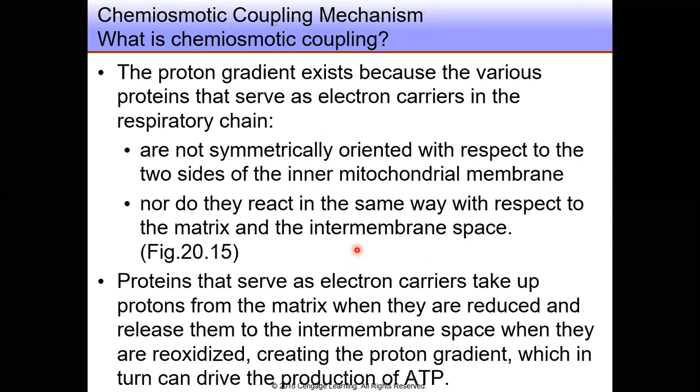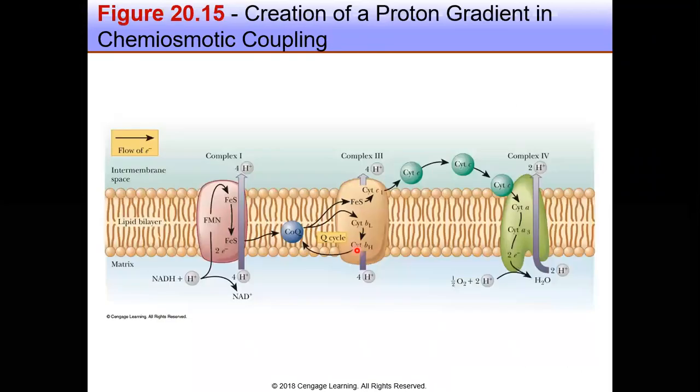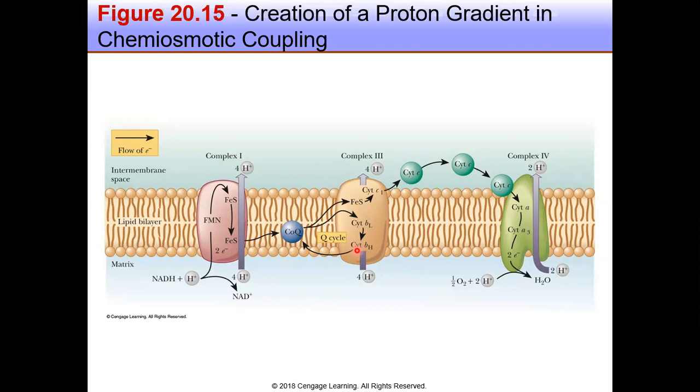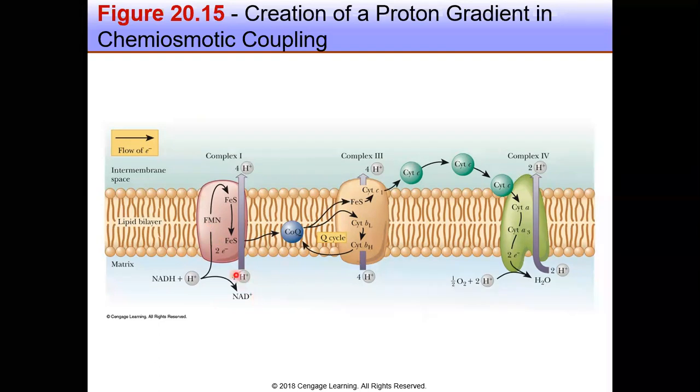If we take a look at this figure, note that this figure 20.15, creation of a proton gradient in chemiosmotic coupling, is a repeat of figure 20.8 with the addition of the flow of protons.